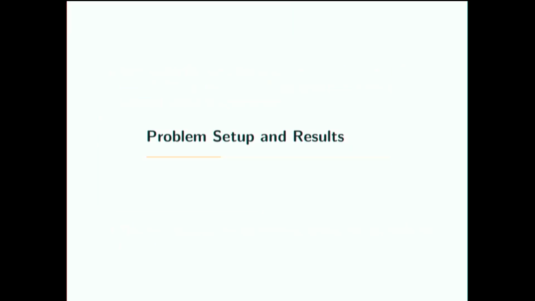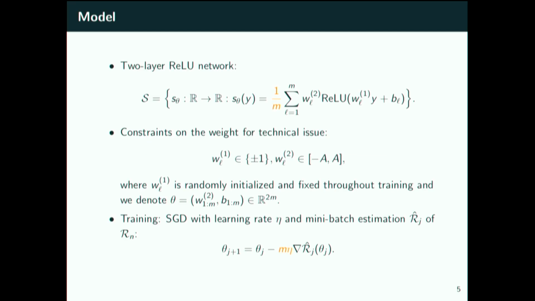Now, to give our result more formally, we consider the two-layer ReLU network, which is given as follows, and we rescale the output of the model. If you attended the keynote talk of Feng Spark, you'll know that this is due to a normalization issue.